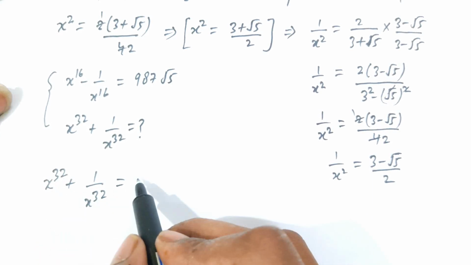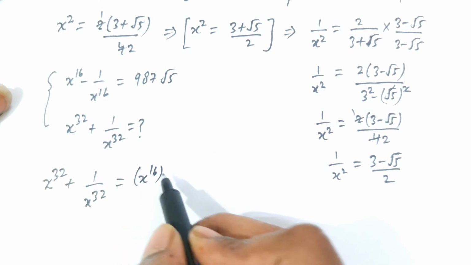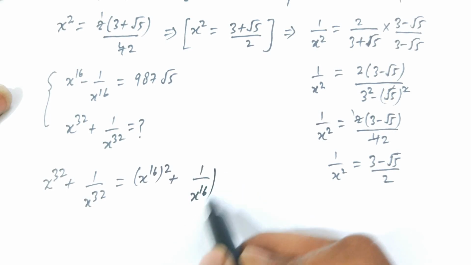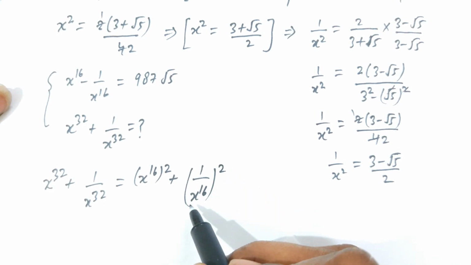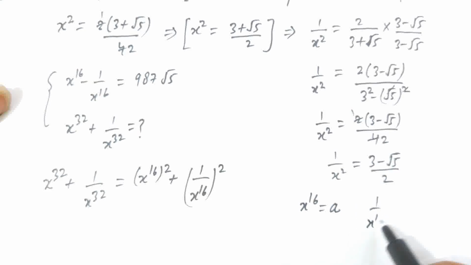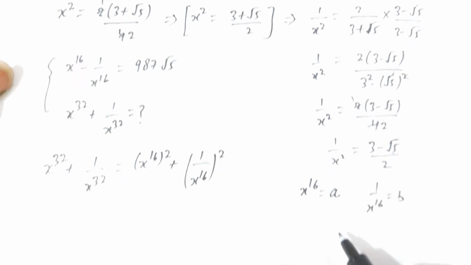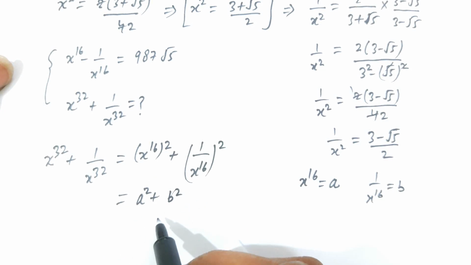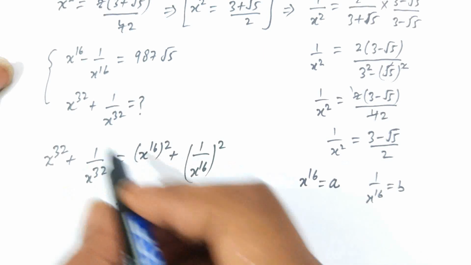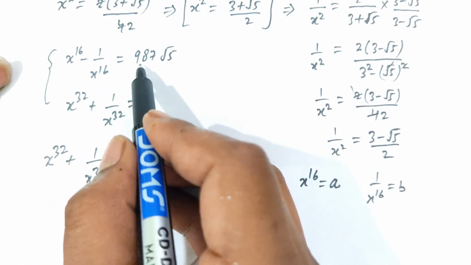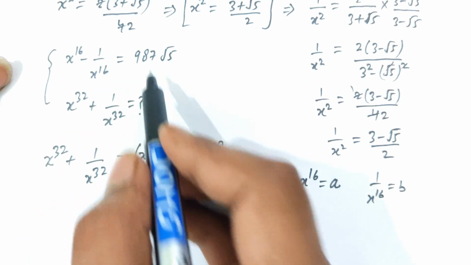This x power 32 is the same as (x power 16) whole square plus, and 1 by x power 32 is the same as (1 by x power 16) whole square. If we put x power 16 equal to a and 1 by x power 16 equal to b, then on the right hand side we have a square plus b square, and we are given x power 16 minus 1 by x power 16 equal to 987 times square root of 5.